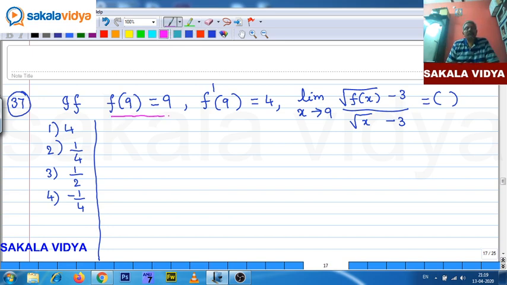f of 9 is equal to 9, f dash 9 is equal to 4, limit x tends to 9, root f of x minus 3 by root x minus 3 we need to find. Okay, now the solution.